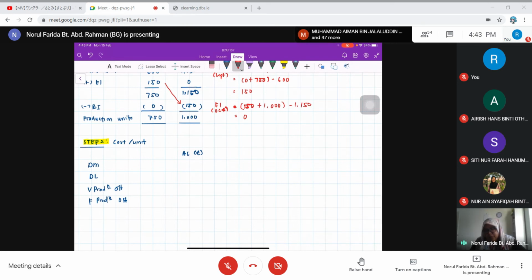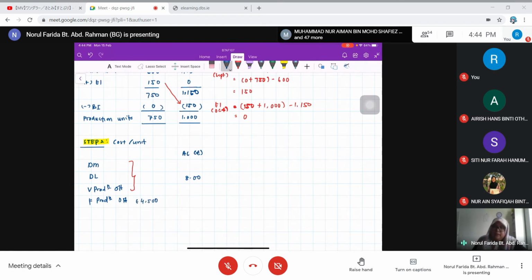Ni dia bagi sekali, mungkin untuk menjimatkan masa. So all these three digabungkan sekali sebagai 8. And fixed production overhead adalah 4,500 per month. Okay, they gave you 4,500 per month.